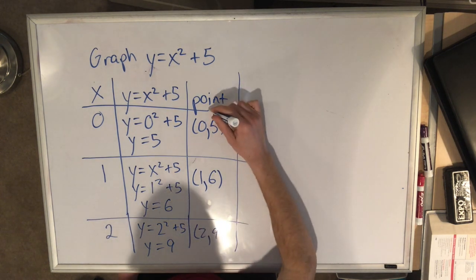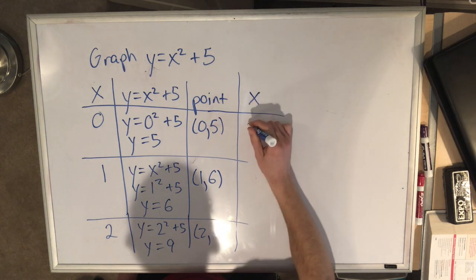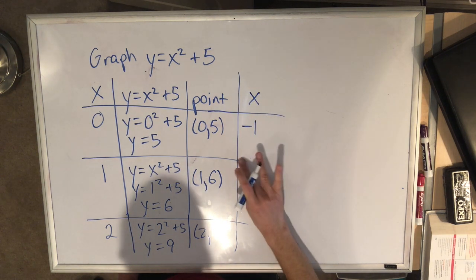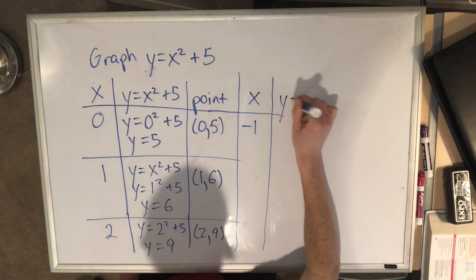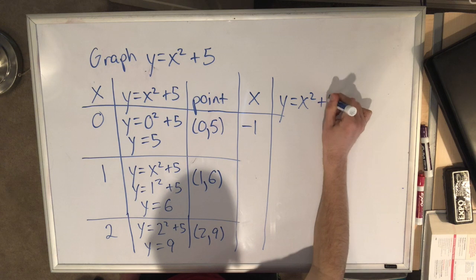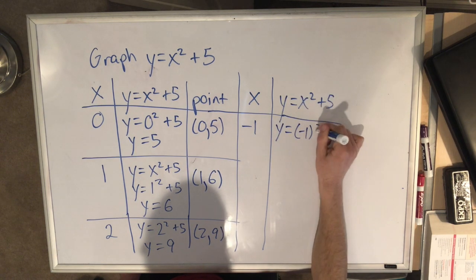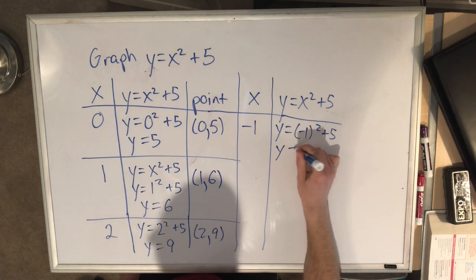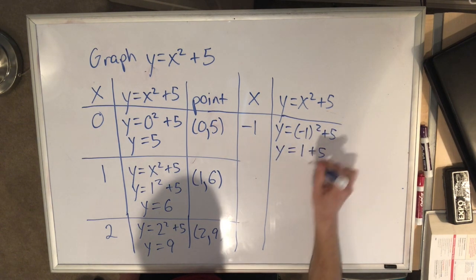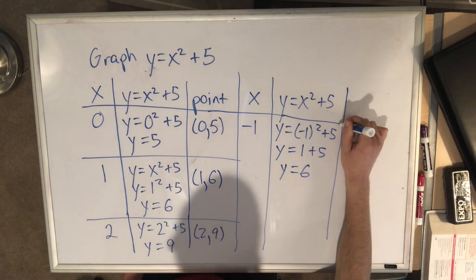Now substituting in a couple negative numbers for x, such as -1 and -2, we'll get y equals -1 squared plus 5. -1 times -1 is +1. 1 plus 5 is 6, which gives us the point -1 comma 6.